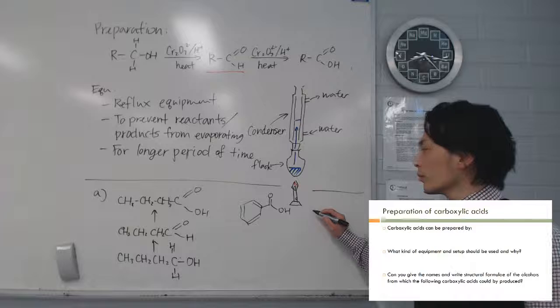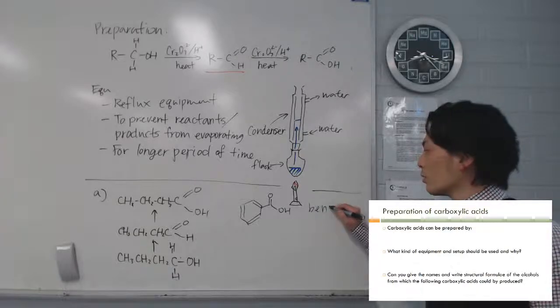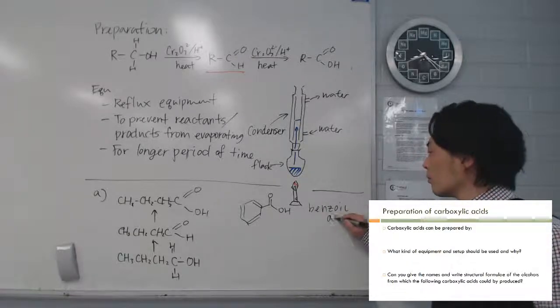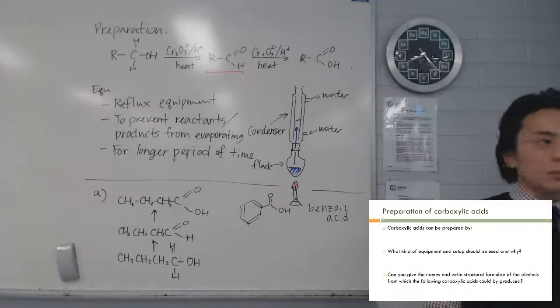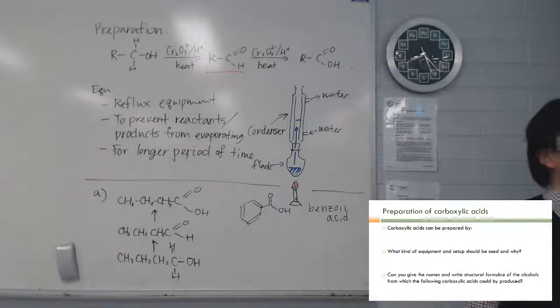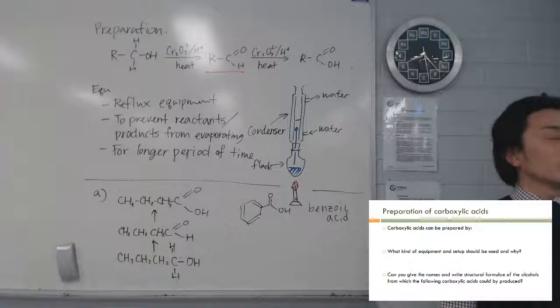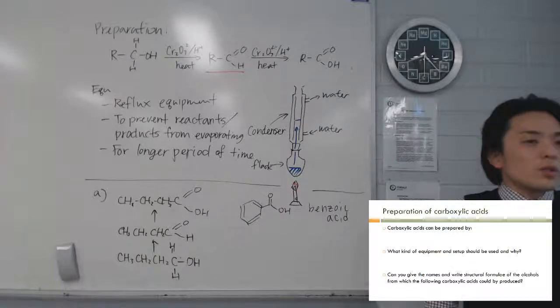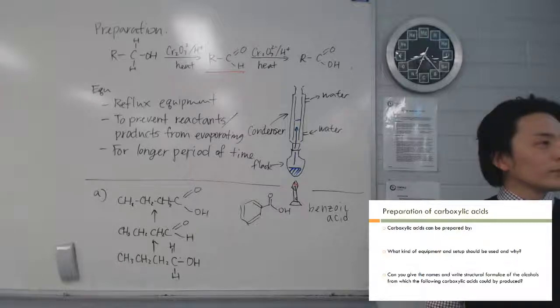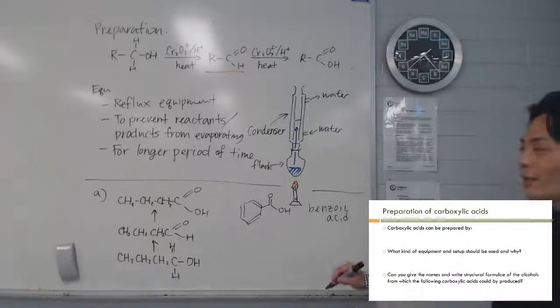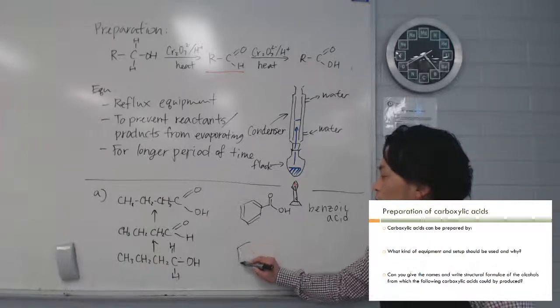Okay? Now, this is called benzoic acid. What alcohol was used, do you reckon? Well, you don't need to be able to name it, but hopefully you can draw it.